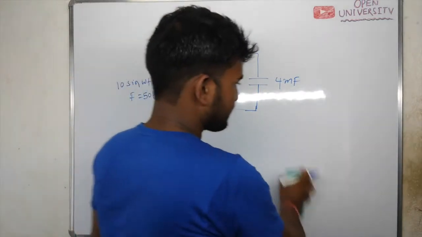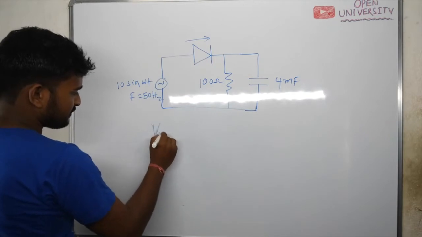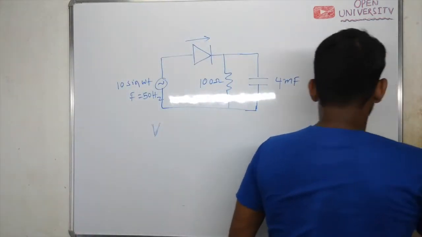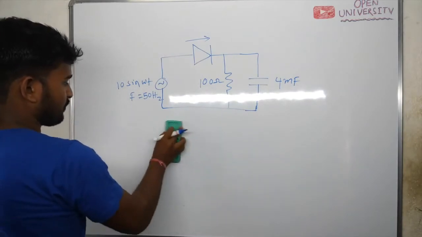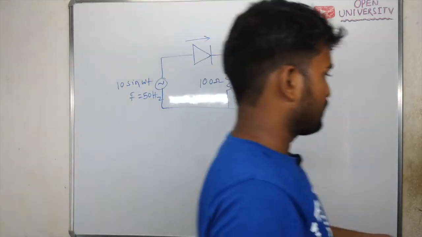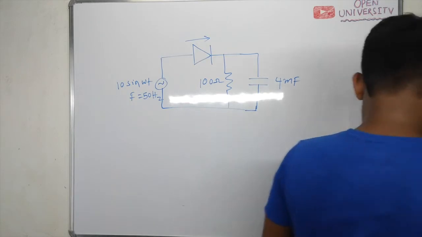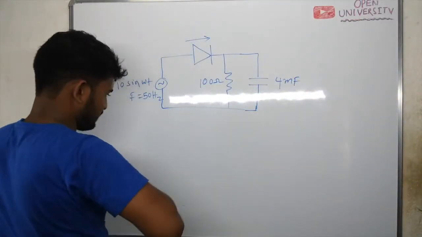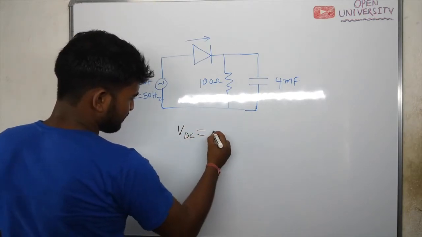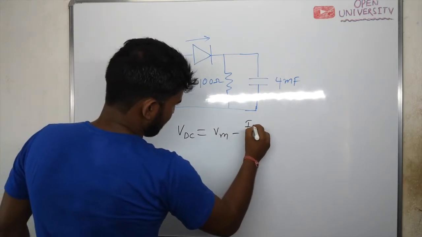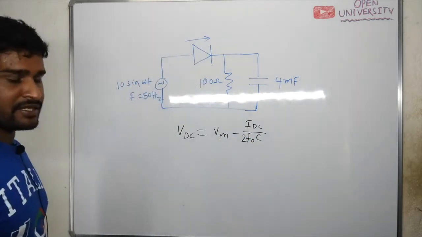First calculate what IDC is. For a half wave rectifier, we know that the DC output voltage VDC was Vm minus IDC by 2 F naught C. This was the formula for DC output voltage.